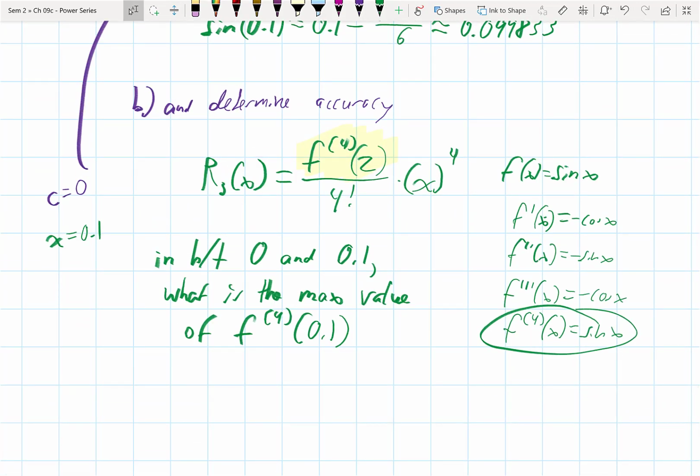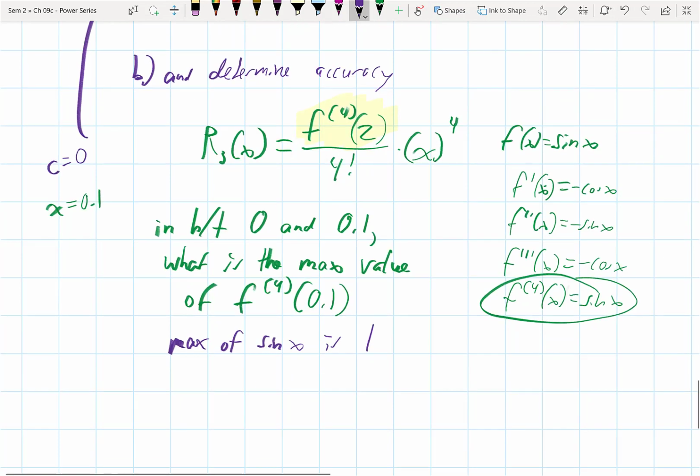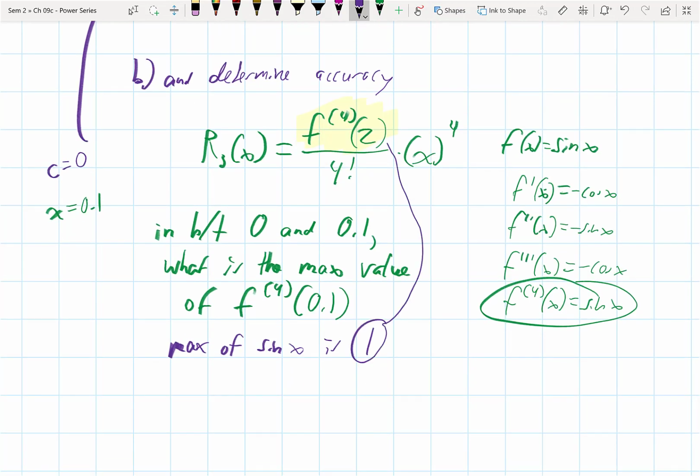This is basically saying what is the maximum that could ever be. If I was doing this in a calculator, I wouldn't have to. I would actually say the max value is the sine of 0.1. But the max value of sine is 1. The max that it could ever be. Sine's biggest value is 1. So given that, I'm going to replace all of that with 1.